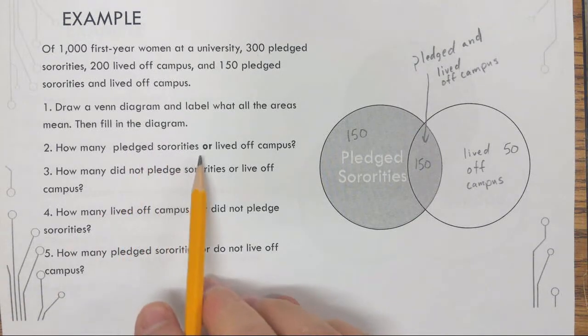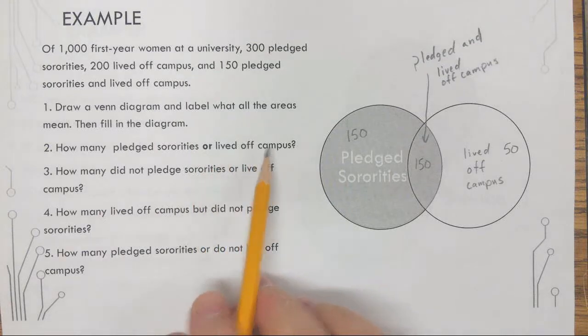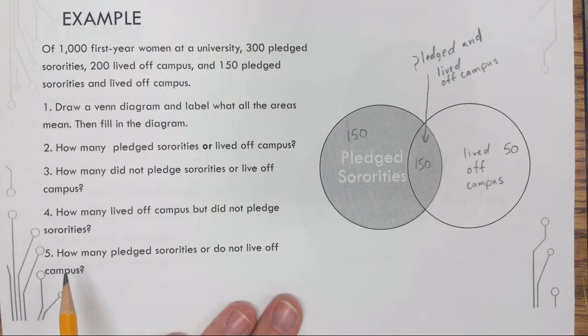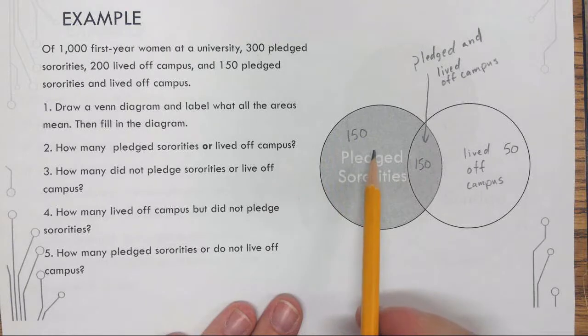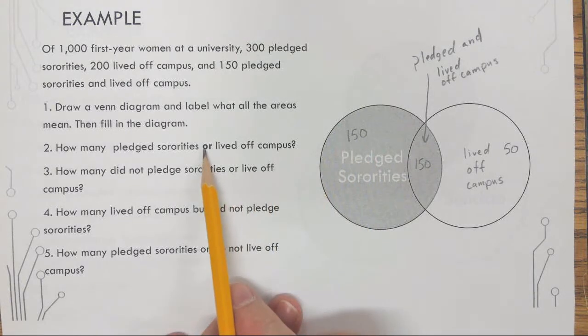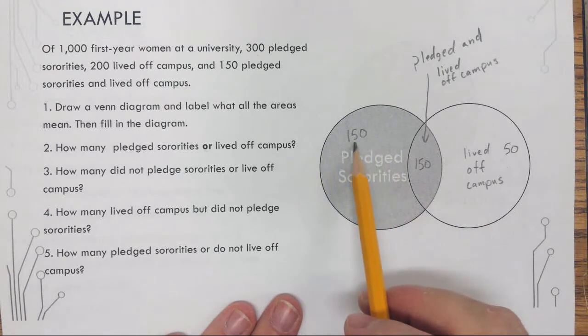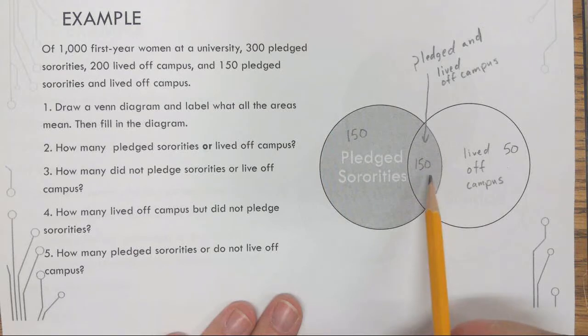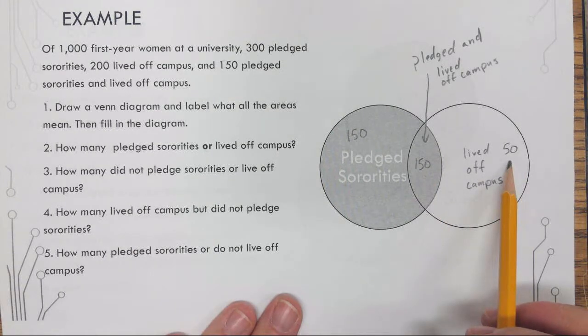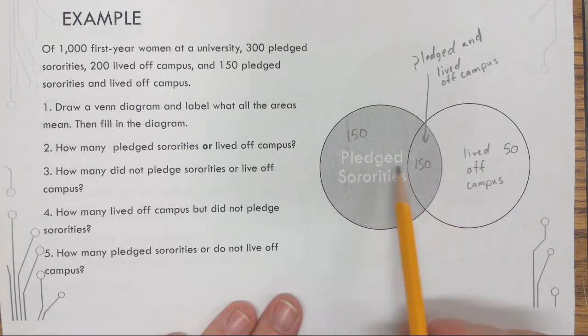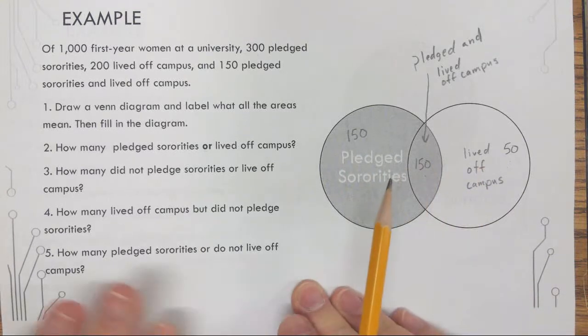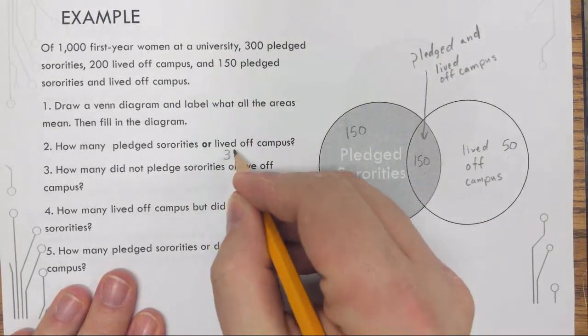So how many pledged sororities or lived off campus? So that's, what does that or mean? That means this or that or both. Okay? Well, 150, 150, and 50, that's all of these things. That's going to be 350.